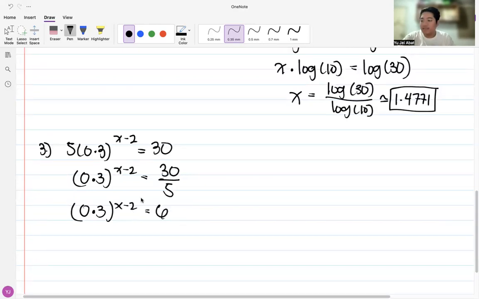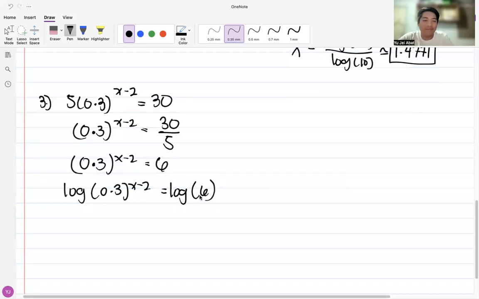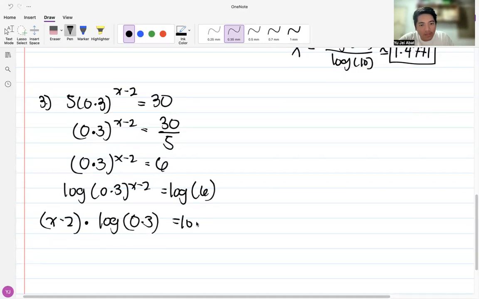So that is 6. And what happens is we take the logarithm of both sides, since we cannot express them into the same base as what we have discussed in exponential function. So same property. So we have x minus 2 here multiplied by the log of 0.3 equals log of 6.